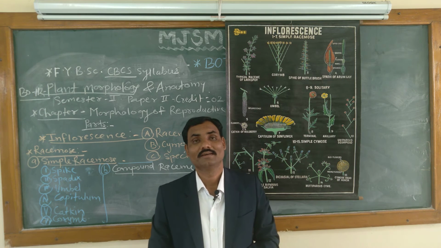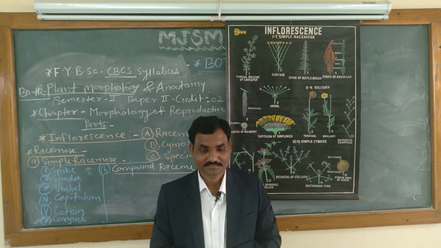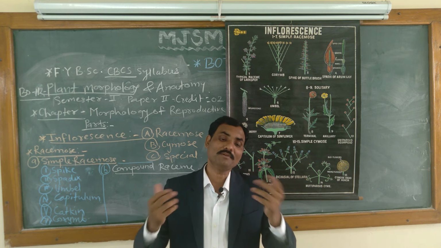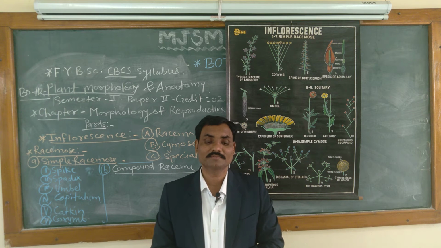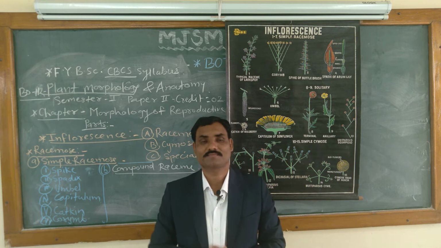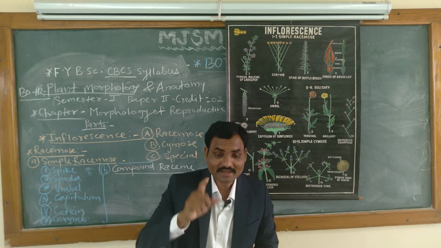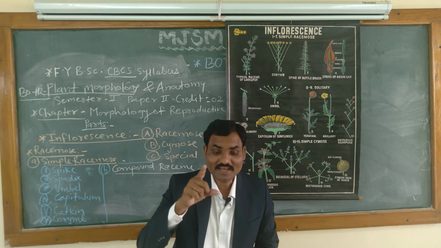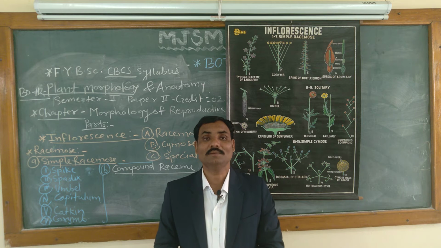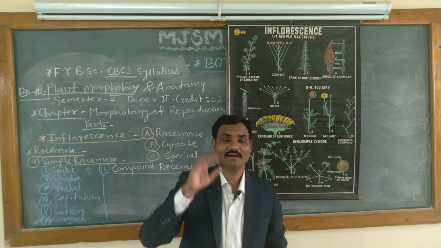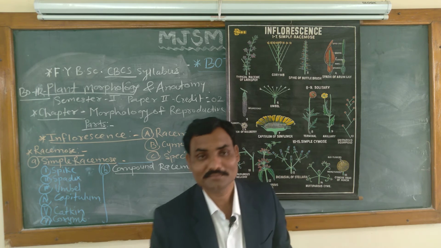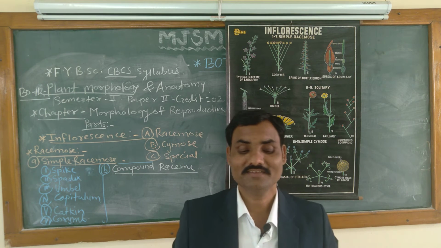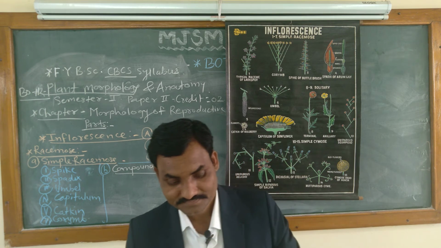Which are the examples of this spike inflorescence? Achyranthes, Piper, Celosia, which we call kombda in Marathi, then Adhatoda, Adiantum, that are the examples of simple spike.